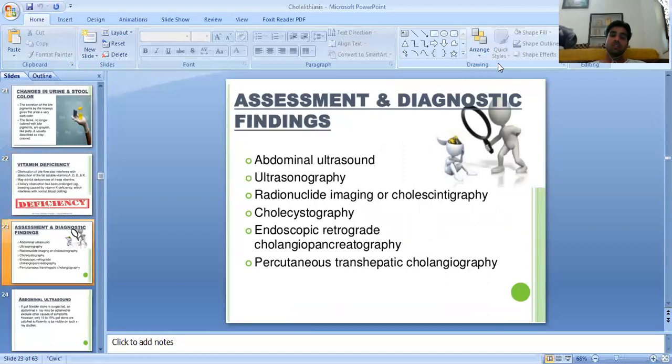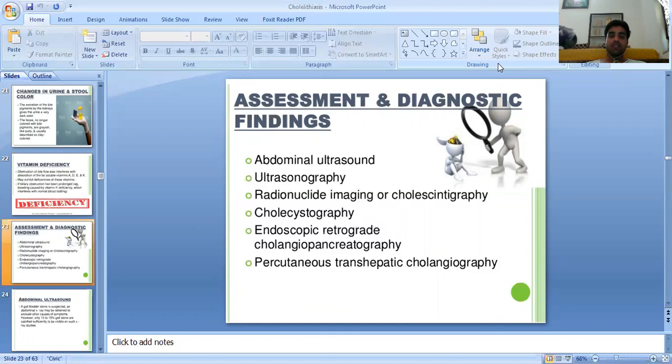Assessment and diagnostic findings: abdominal ultrasound, ultrasonography, radionuclide imaging or cholecystography, endoscopic retrograde cholangiopancreatography, which is called ERCP.